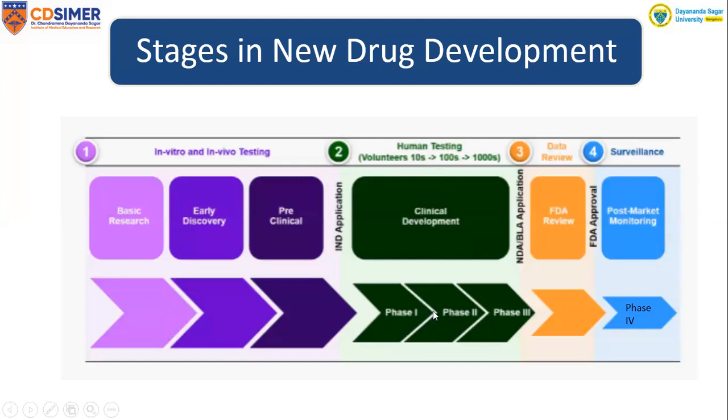What are we going to do in the phase 1 trials? We are going to evaluate the pharmacokinetics and safety. What is pharmacokinetics? Pharmacokinetics involves absorption, distribution, metabolism, and excretion in humans.